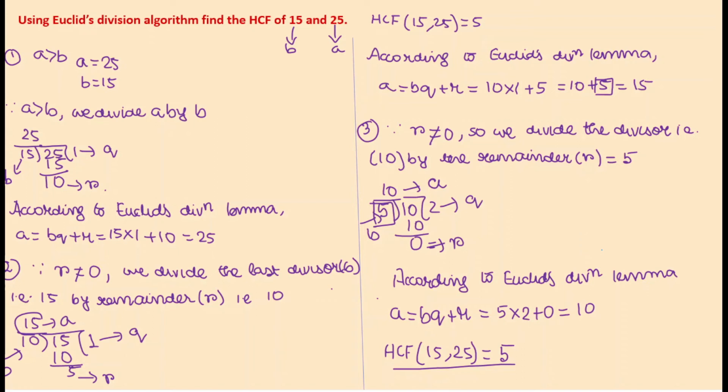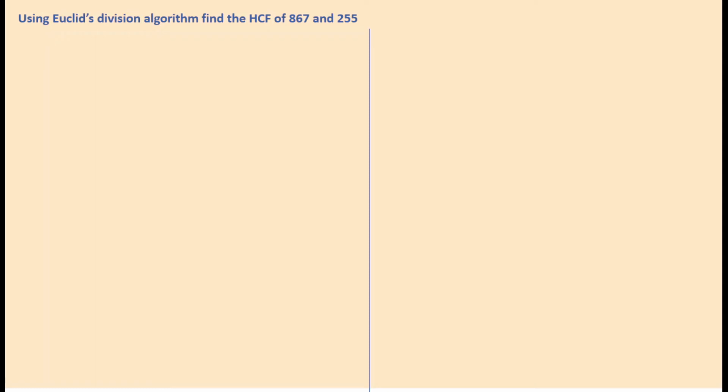This is just an easy example that I have taken, so let's try to solve another two sums. The next example: using Euclid's division algorithm, find the HCF of 867 and 255. Which one will be A and which one will be B?